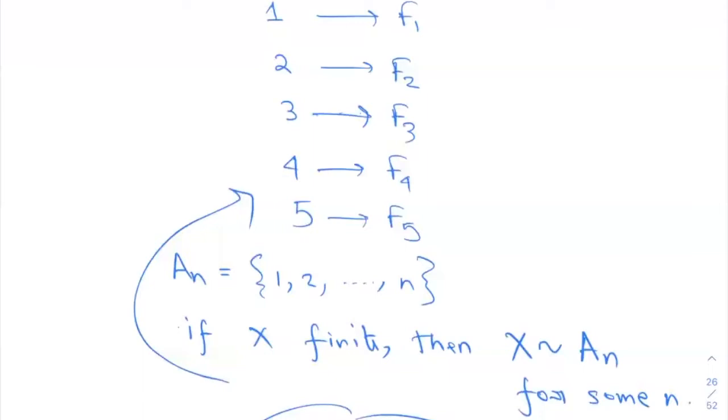Now, what is the meaning of counting? Suppose I ask you to count your fingers on, say, one of the hands. Whenever you count your fingers, you label the fingers one by one. The first finger you take out becomes the first finger.